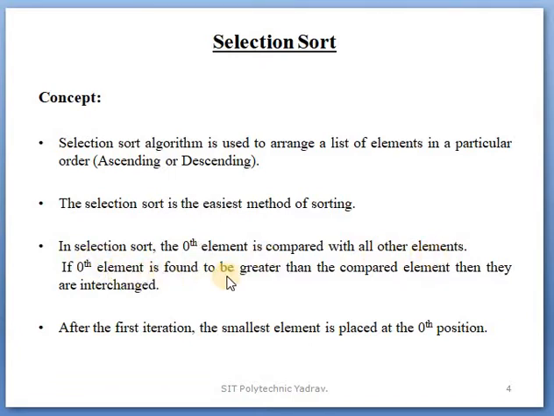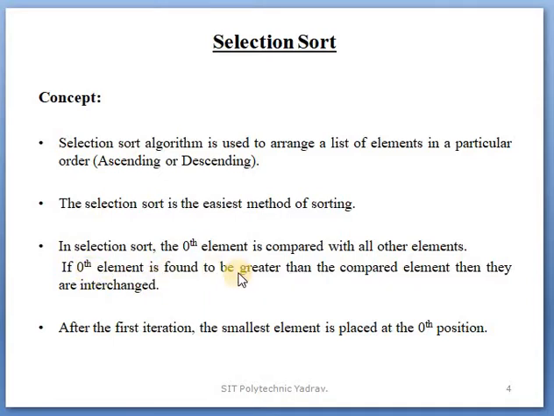If the 0th element is found to be greater than the element we compared, at that time they are interchanged. After the first iteration, first the 0th element is compared with the first element. If the 0th element is greater, then swap or interchange.